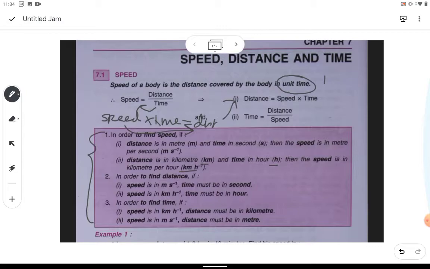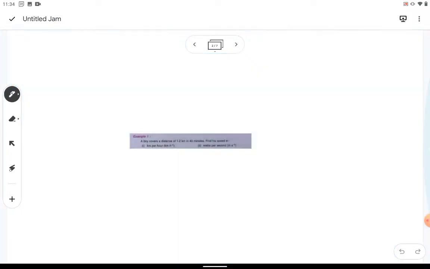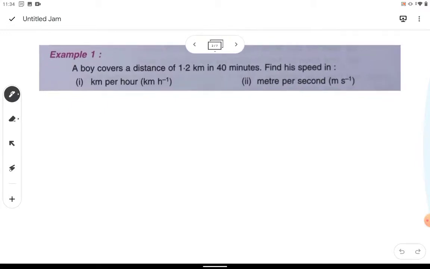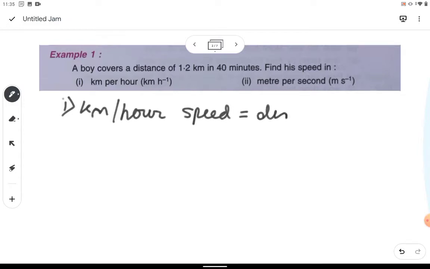Right, now let us do some examples. The first sum is: a boy covers a distance of 1.2 kilometers in 40 minutes. Find the speed in kilometer per hour. For kilometer per hour, we say speed is equal to distance by time.